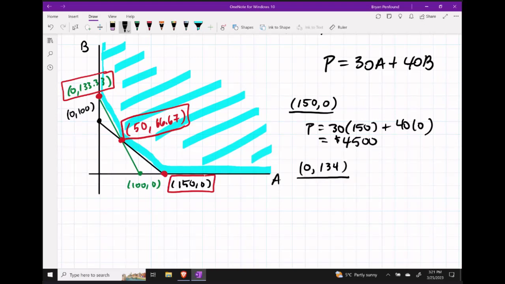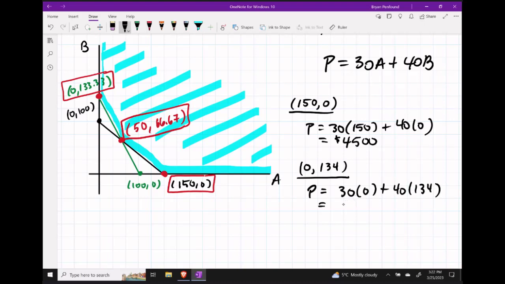Next up, I'm going to slide the corner point at 0, 133.33 up a little bit because we need to hire at least 134 truck Bs. We can't hire a third of a truck. So let's just alter this corner point slightly so that we are going to substitute 0 and 134 into P. So if we do this, we're going to get 30 times 0 plus 40 times 134.